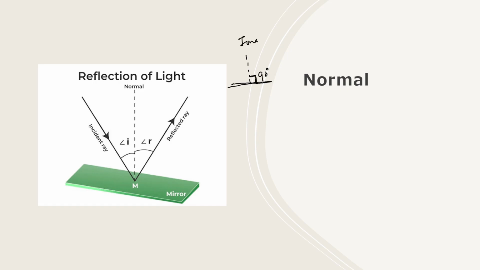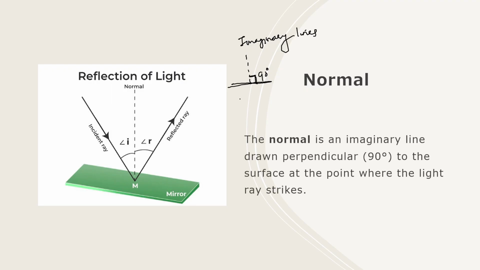All imaginary lines are shown with dotted lines, so this is another thing that you should remember. Normal is an imaginary line drawn perpendicular to the surface at the point where the light ray hits. From here you have to draw the normal.